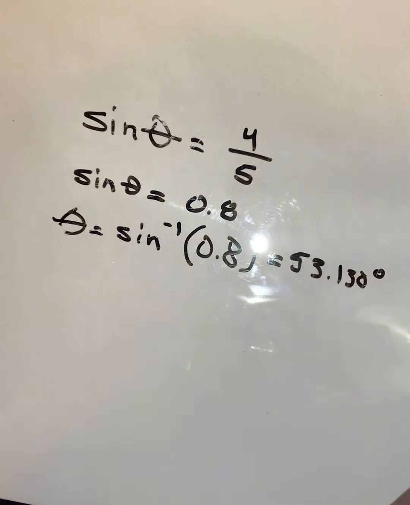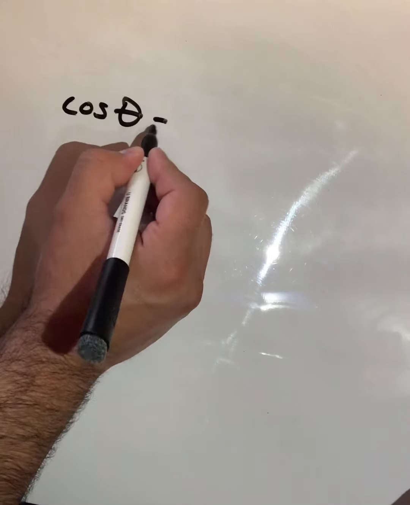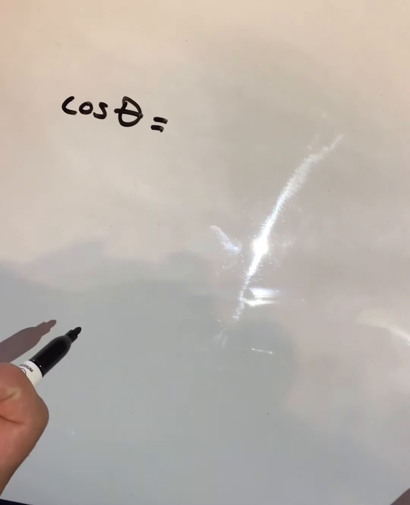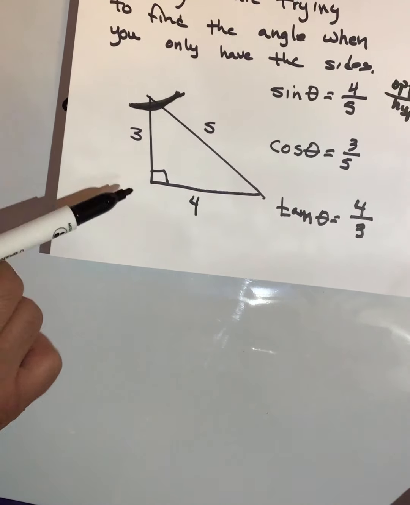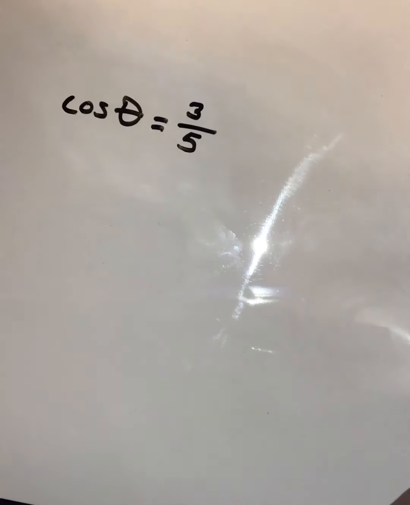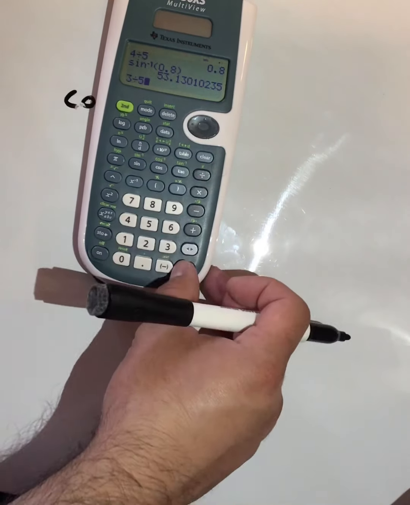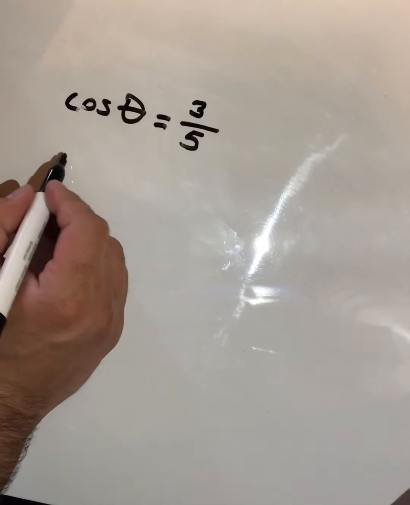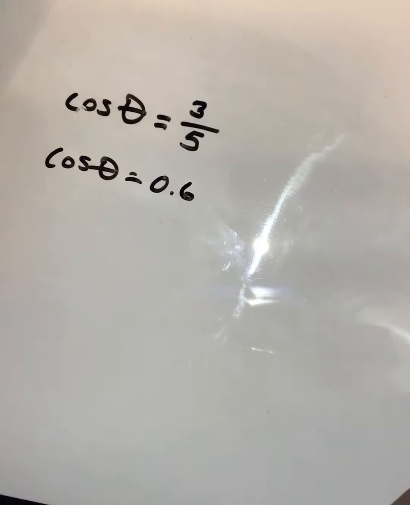So let me delete this right quick. I'm going to say the cosine is equal to, bring back this picture, the side next to it, adjacent, over its hypotenuse, which is going to be 3 over 5. So first thing I'm going to do is take 3 divided by 5. That's 0.6. So I have the cosine of that angle is equal to 0.6.